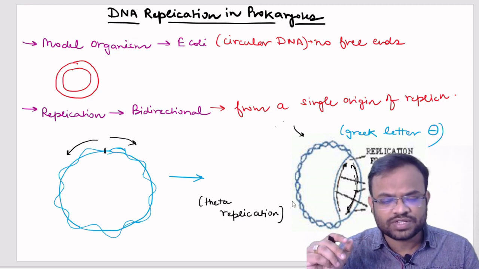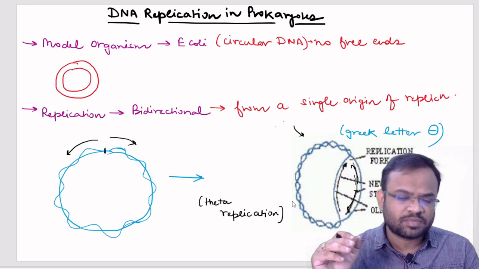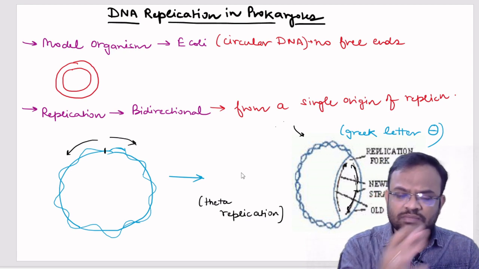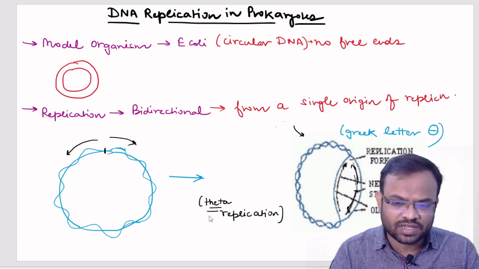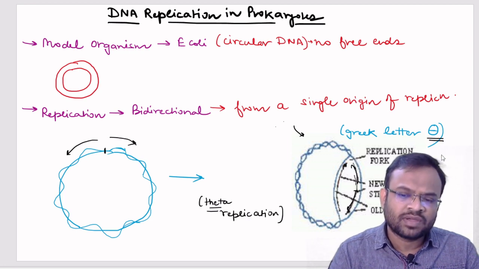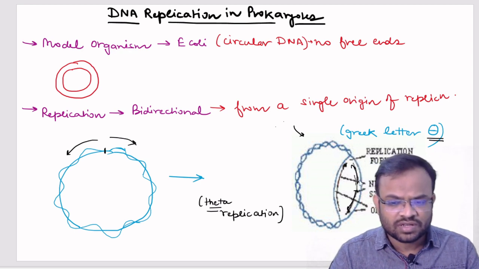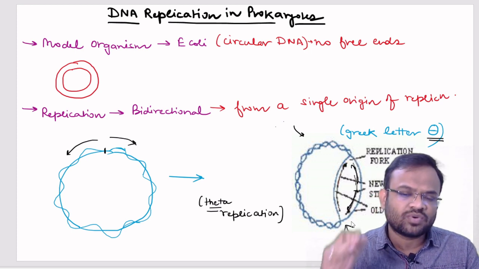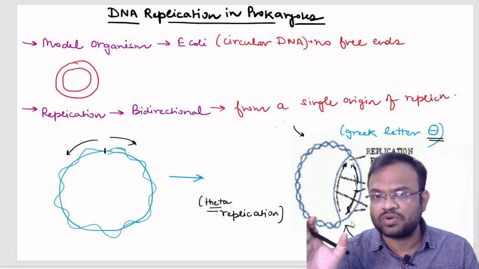One more important feature is that during replication in prokaryotes, a theta symbol is displayed. You might know this is the symbol of theta, and it is displayed during the phase of replication. That is why prokaryotic chromosomal replication is also called theta replication.